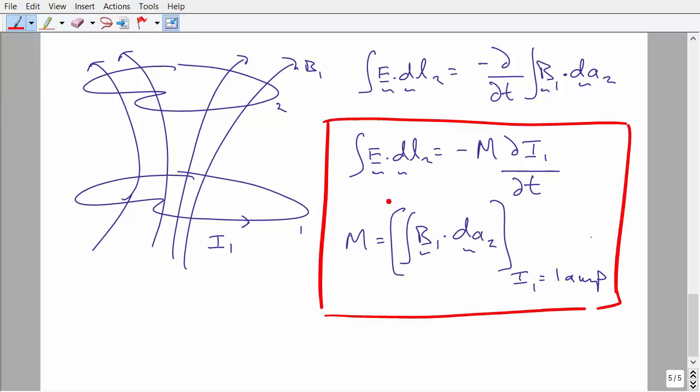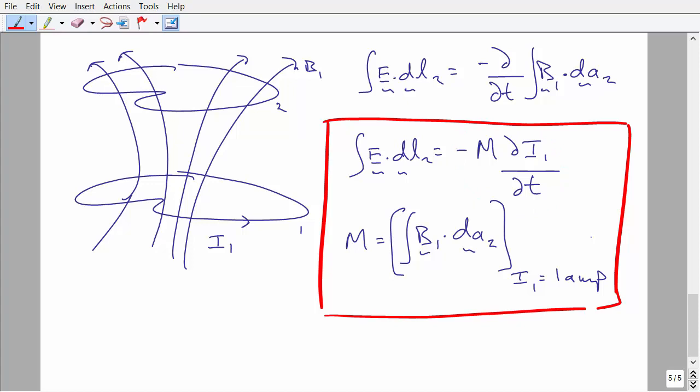The idea here is the following: B1 is linearly proportional to I1. Furthermore, the only way we can have a time derivative of B1 is through a time derivative of I1. So it makes sense that we should indeed be able to write it in the following way.